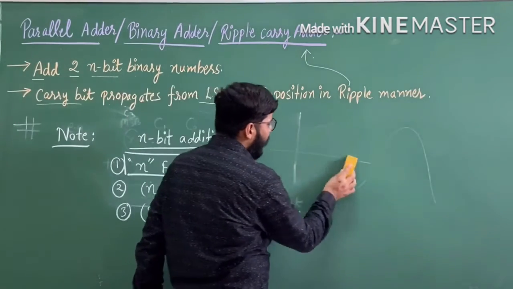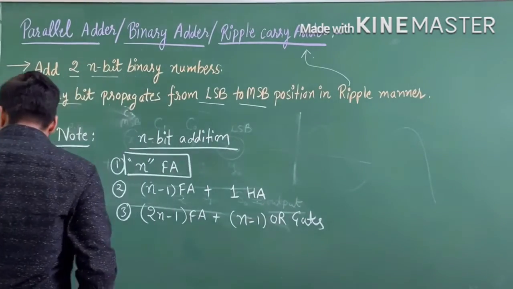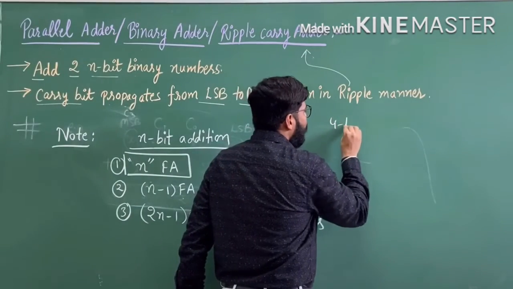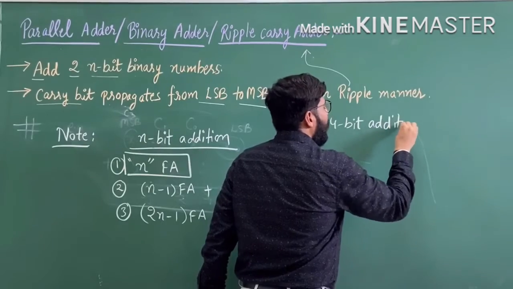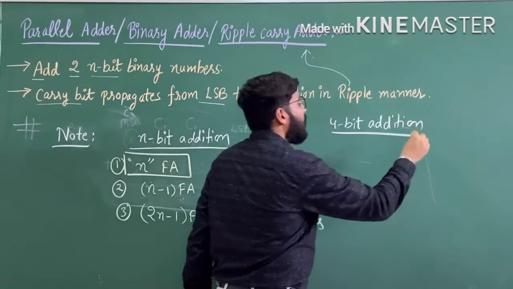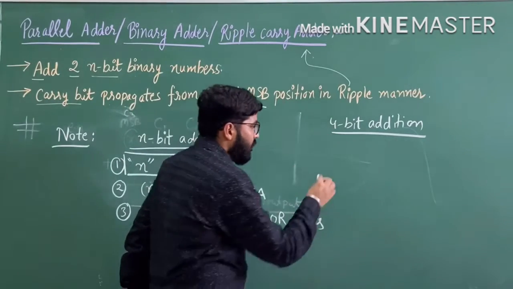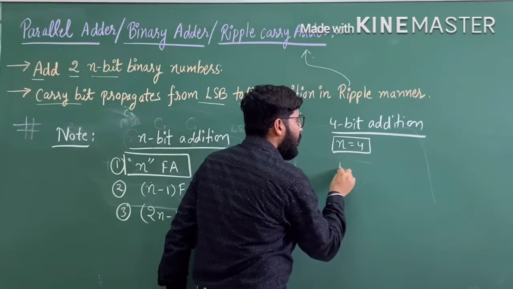For example, suppose you have to calculate for 4-bit addition. If the question gives 4-bit addition and asks for the number of full adders, here n equals 4. You have to write this expression.